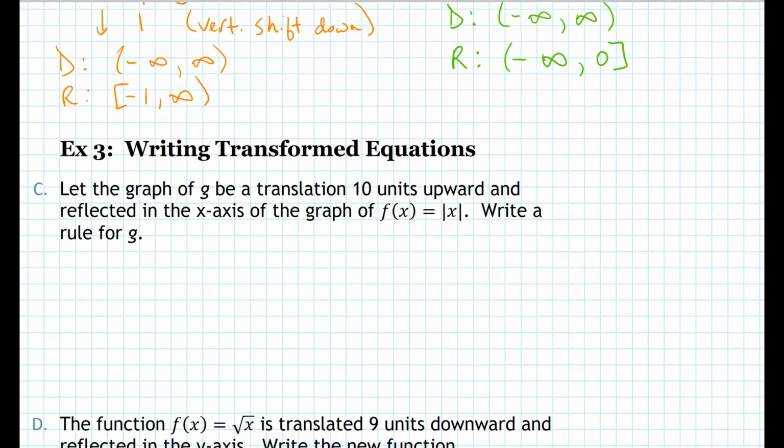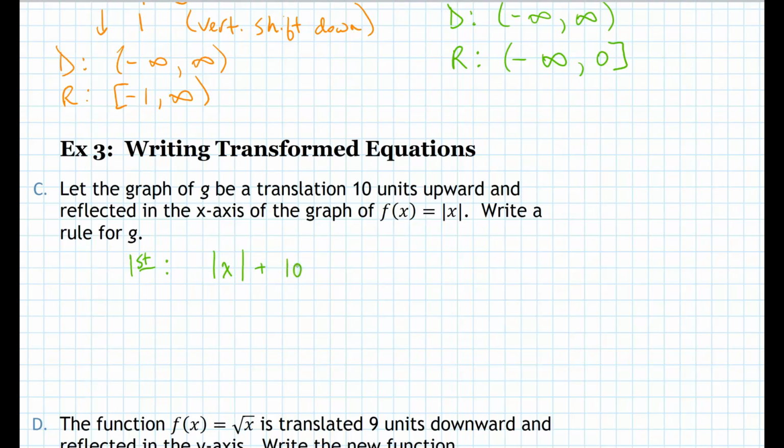So what's the first thing we would do? Plus 10. Is the plus 10 on the inside or the outside? Outside. So first we take the absolute value and then we add 10.